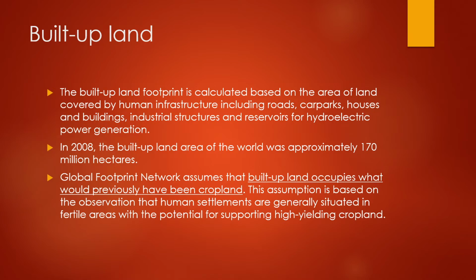The Global Footprint Network assumes that built-up land occupies what would previously have been cropland. This assumption is based on the observation that human settlements are generally situated in fertile areas with the potential for supporting high-yielding cropland. Basically meaning that we like to live in fertile areas, which is not much of a stretch to imagine. And if it wasn't for these built-up lands being here, they would be crops instead.